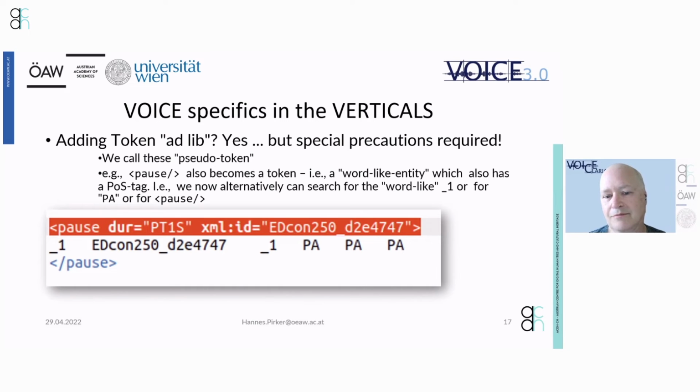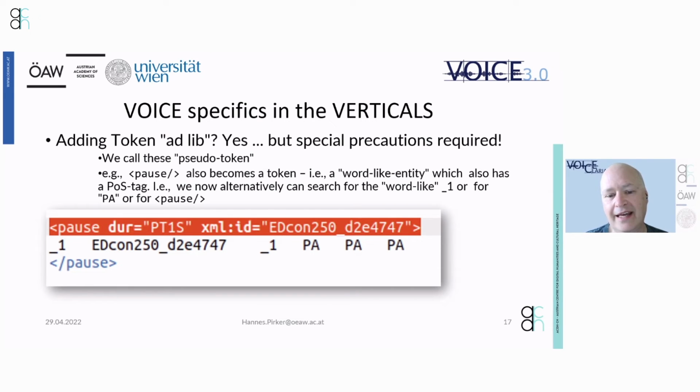So what are use cases for such a thing? Pauses, for instance, are in XML TEI encoded as a pause tag, as you see highlighted in red again. But in the pause style specifically, pauses are treated more like token. They have a part of speech tag.